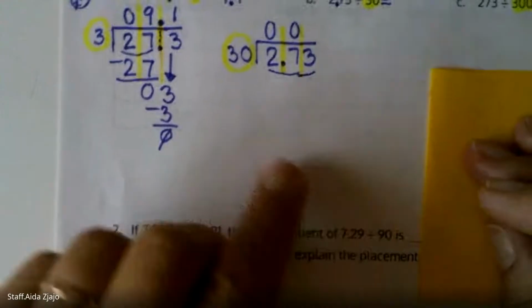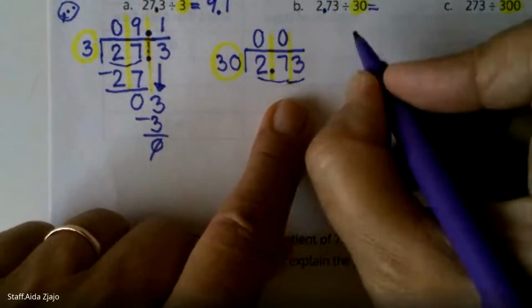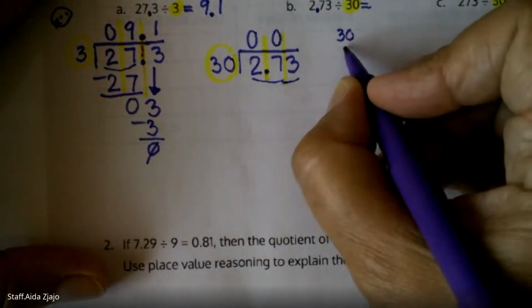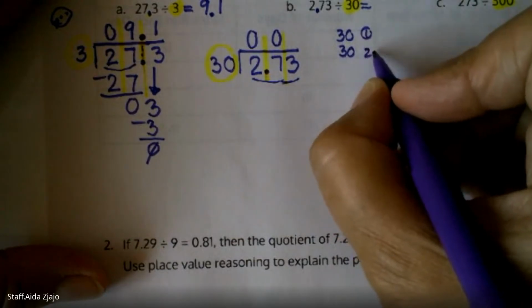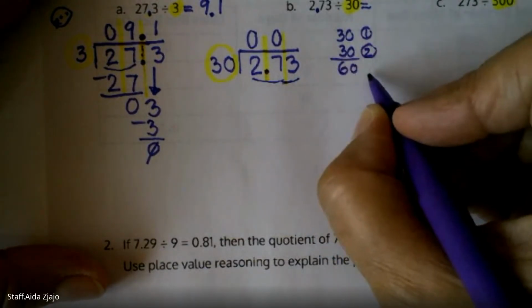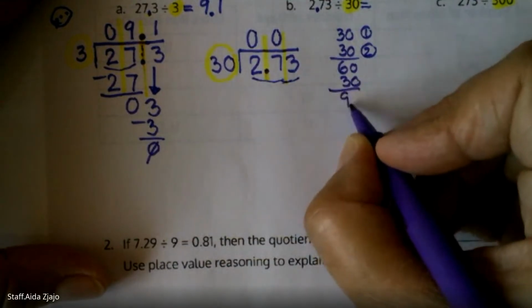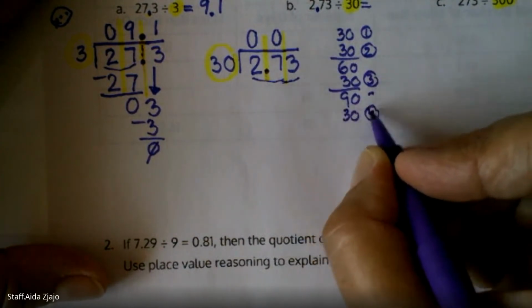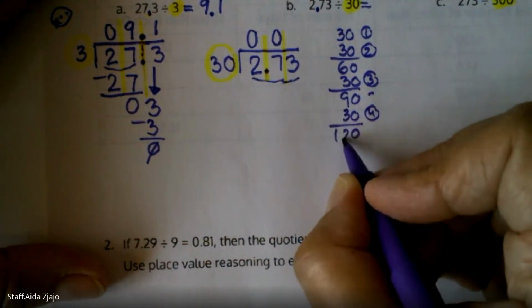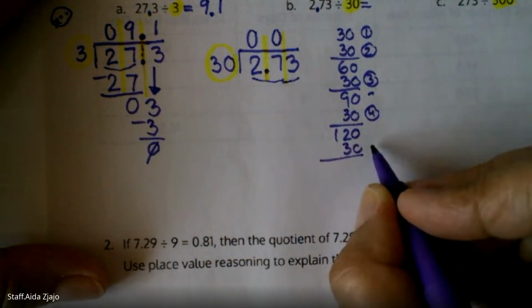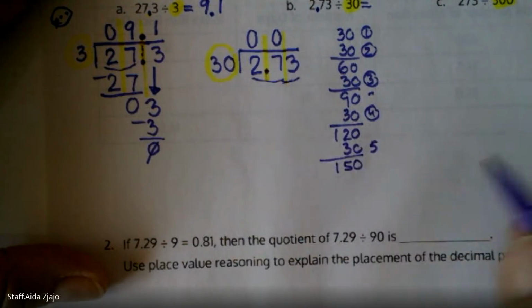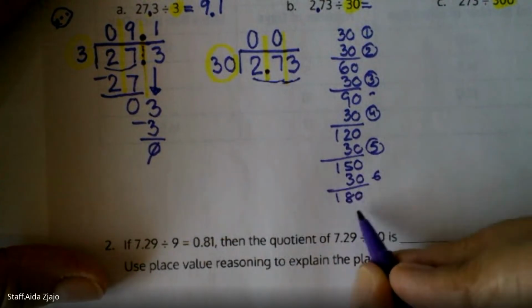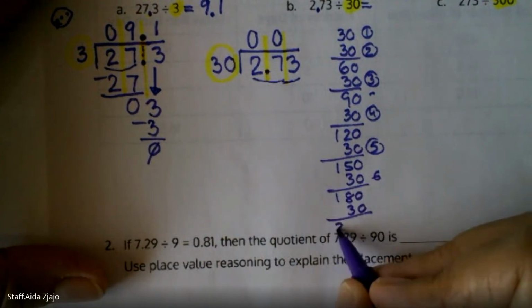But if you don't know, you can think, okay, I'm going to add 30 each time. 30 plus 30, that's 2 groups, that's 60, and then plus 30 is 90, that's 3 groups, plus 30 is 120, plus 30 is 150, plus 30 is 180, plus 30 is 210.